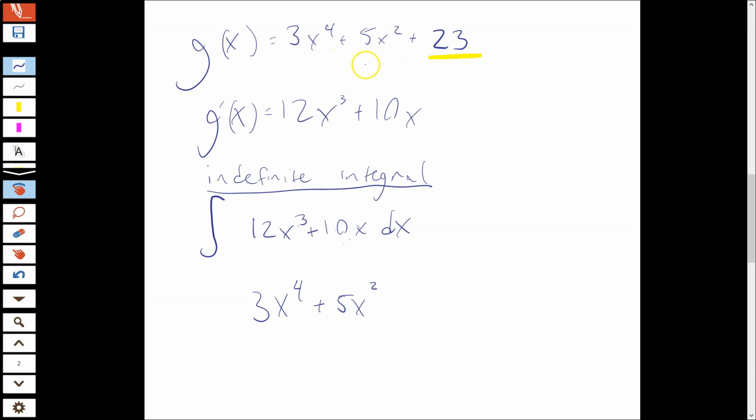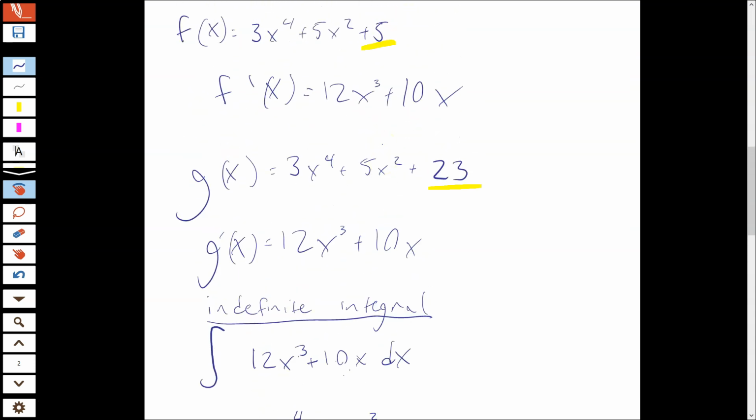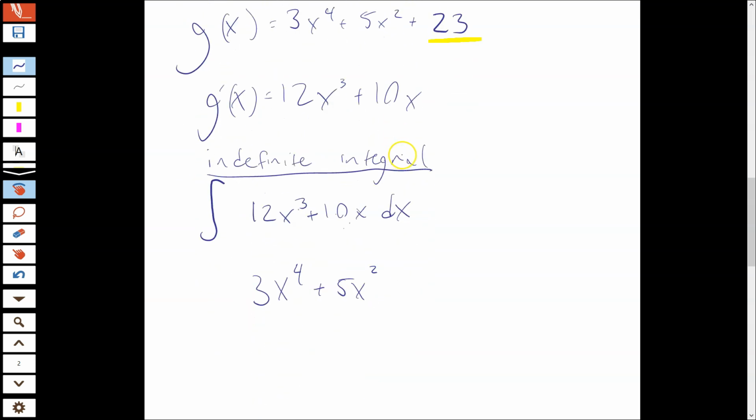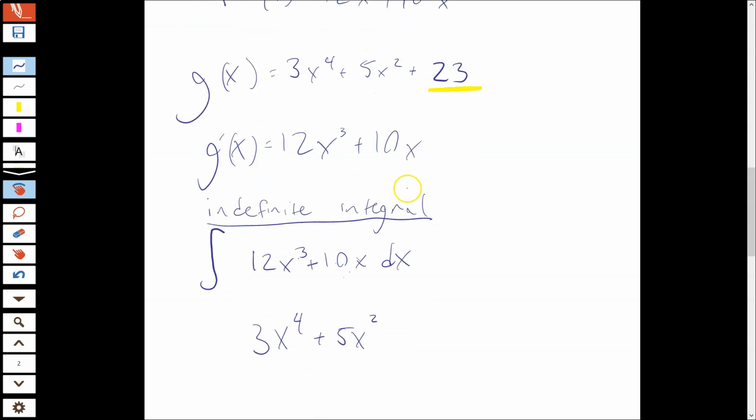And notice I got what I had in f and g, but I have to represent that there could be another number here that I can't figure out based on the information that I have. So in other words, I have to represent that this integral could give both f and g, and I don't know.